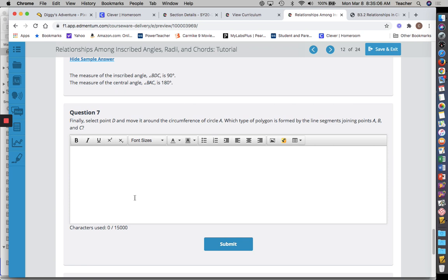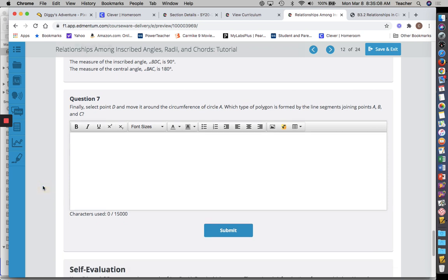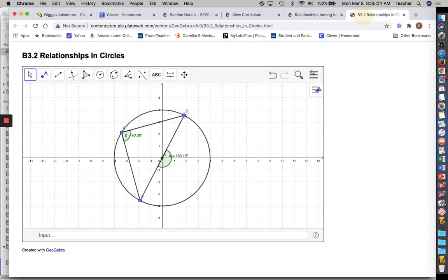Okay, question 7. Finally, select point D and move it around the circumference of circle A. What type of polygon is formed by the line segments joining A, B, and C? Oh, okay, I get what they're going for.